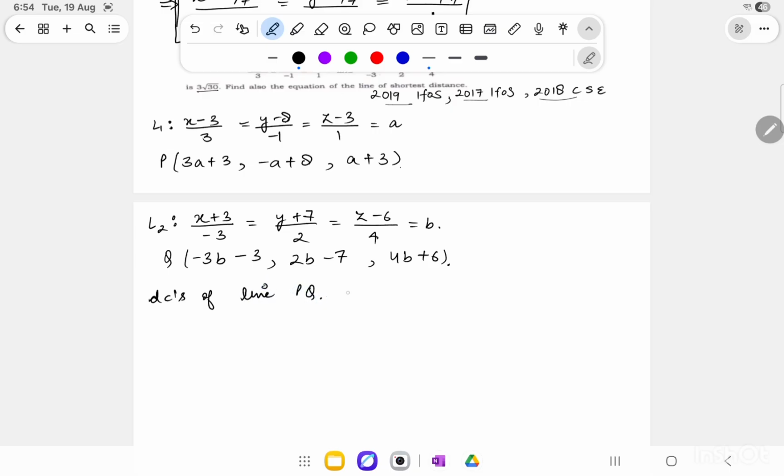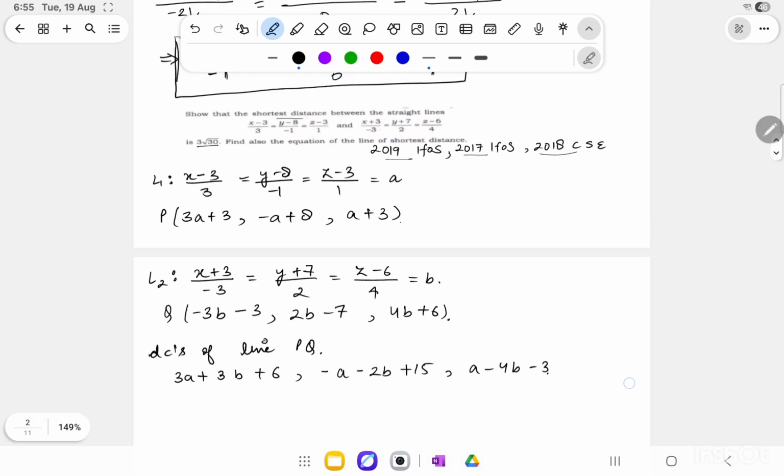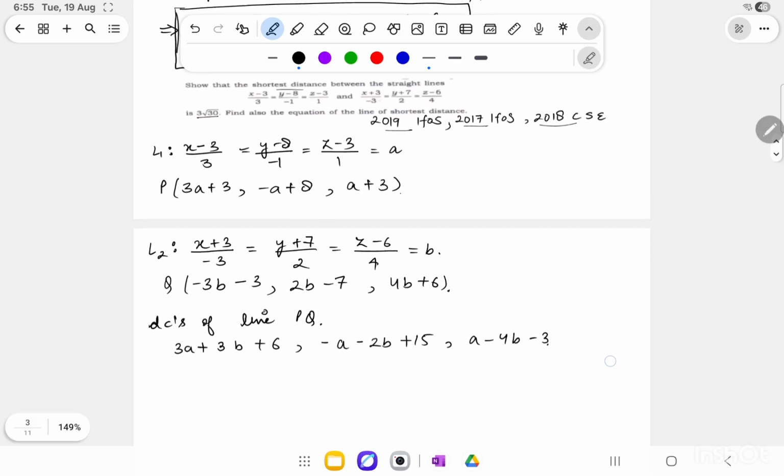So direction cosines of line PQ will be 3A + 3B + 6, -A - 2B + 15, A - 4B - 3. Now any line with direction cosines proportional to the direction cosines of PQ will be perpendicular to the line L1 and L2.